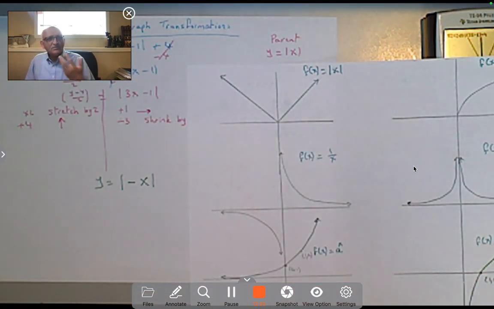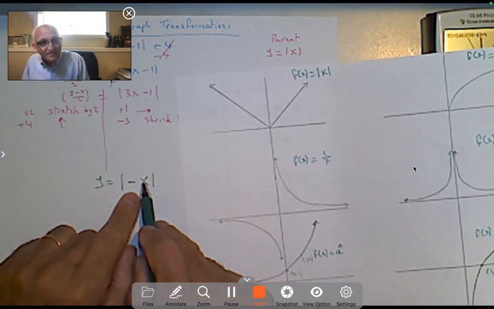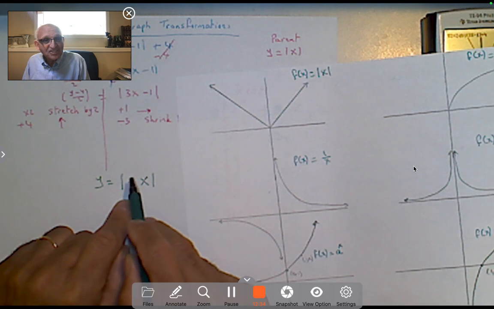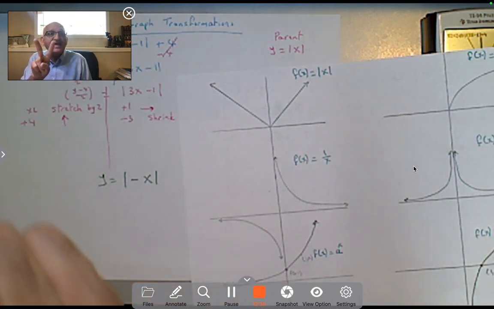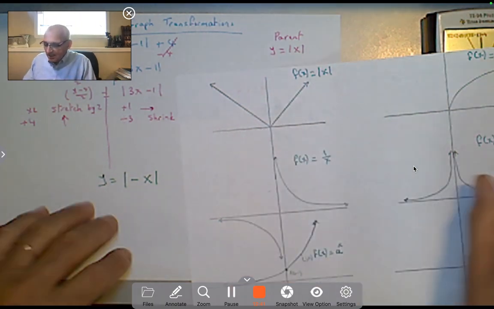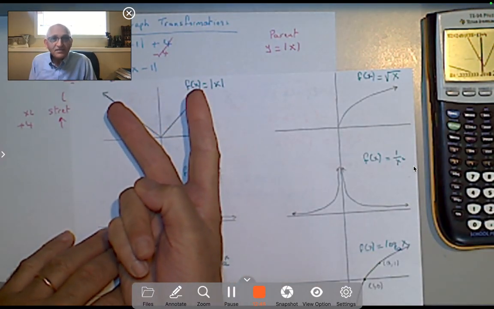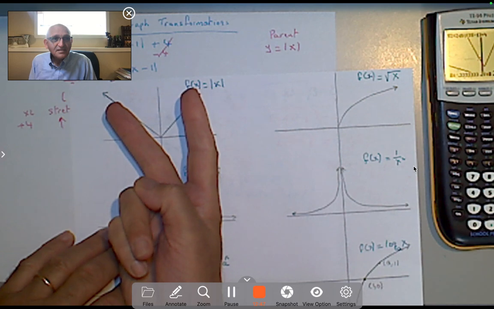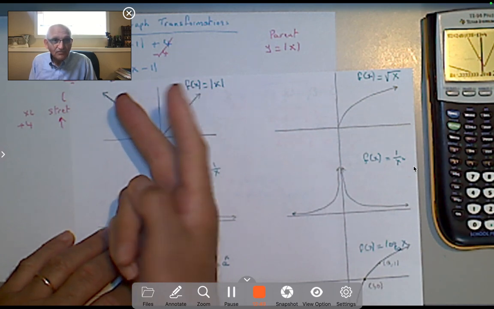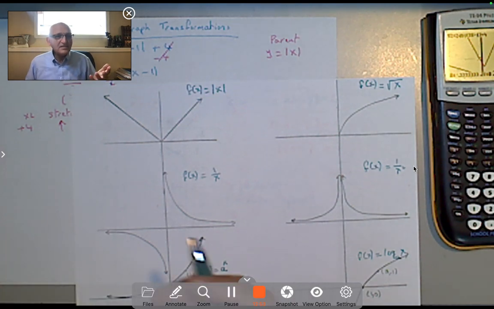How is that possible if I have a transformation? Well, now you see that in order to make that an x, you have to change the sign. And changing the sign of x is reflecting over the y. What would happen if I turn this like that? Nothing happens. See that? So if I reflect about the y, it's the same as I leave it where it is.